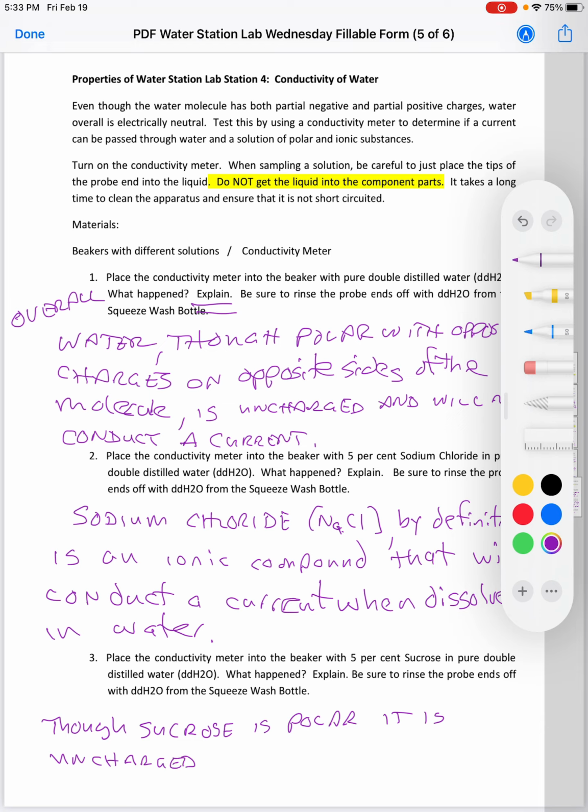It has little areas of charge, but overall, there is no charge on sucrose. So it is very polar and will form hydrogen bonds, but though sucrose is polar, it is uncharged and cannot carry a current. Cannot conduct a current or electricity.